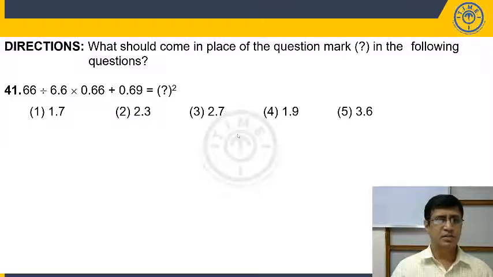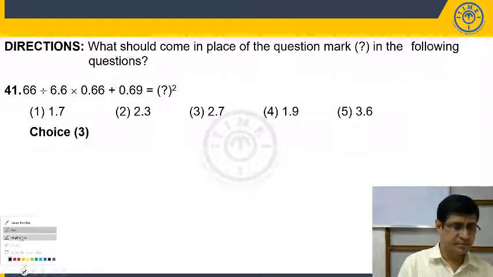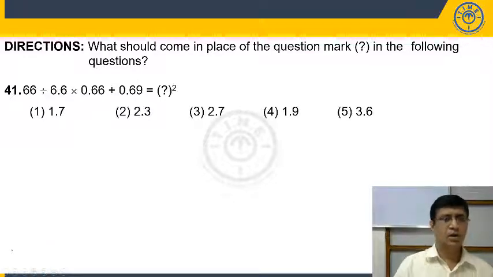Right. Now what are the directions here? What should come in place of the question mark in the following questions? The question given here is 66 divided by 6.6 into 0.66 plus 0.69 is equal to question mark square.